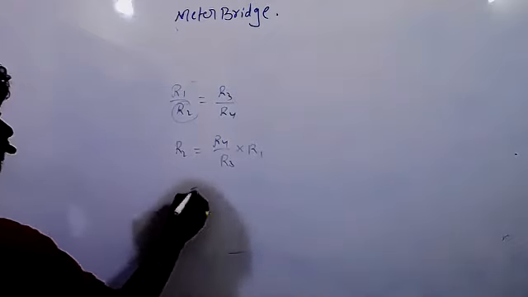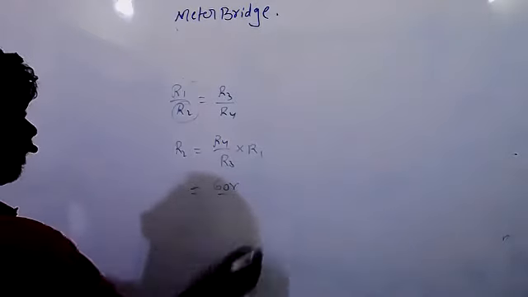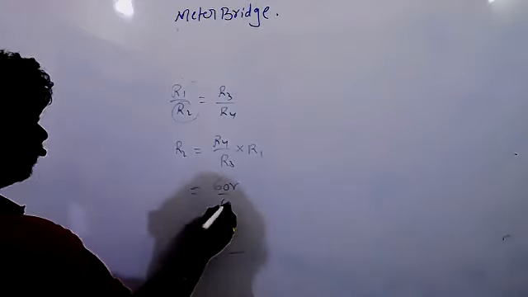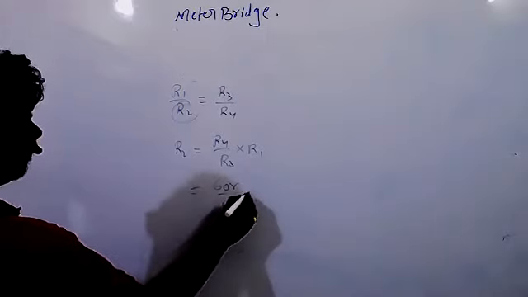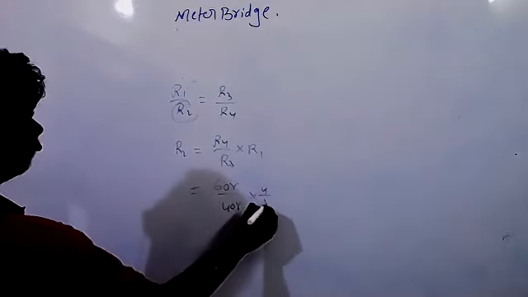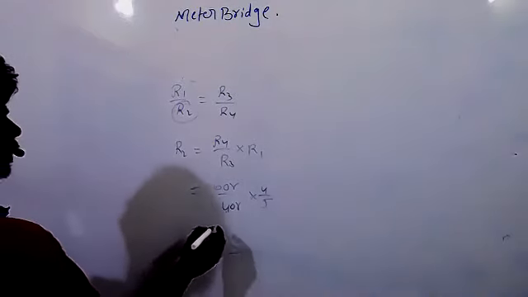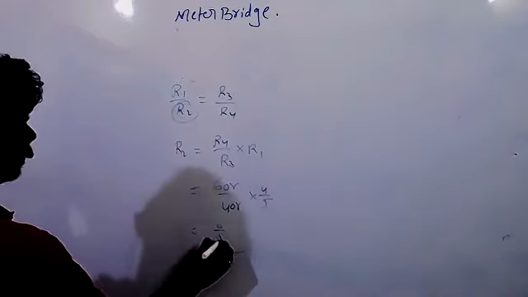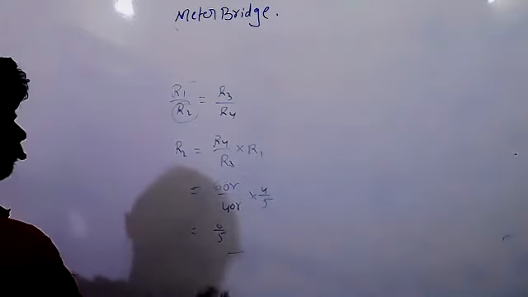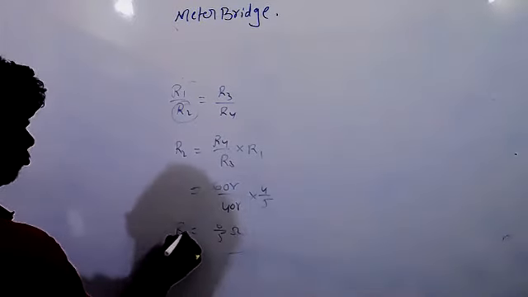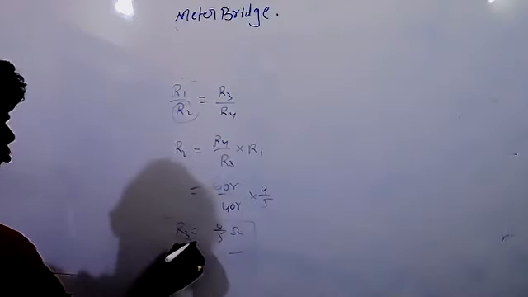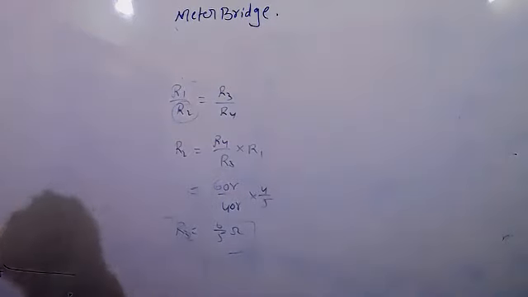R4 is 60 R, R3 is 40 R, R1 is 4 by 5. The answer is 6 by 5 ohms. That is R2. So like that.